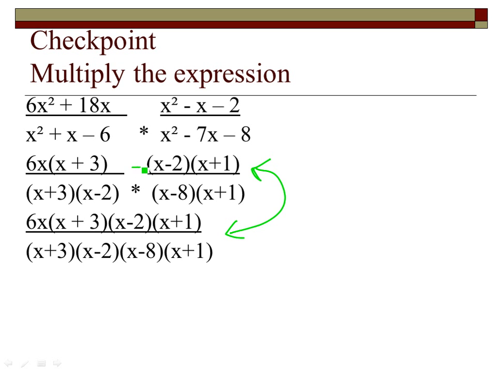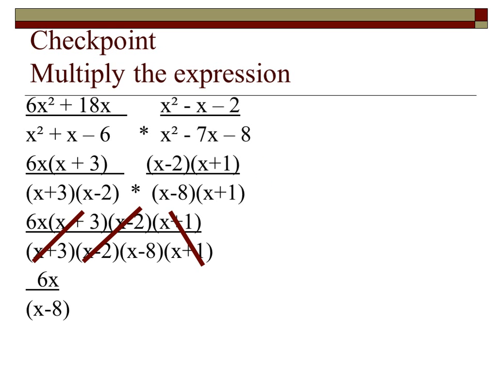At this point, you should be able to see that these are equivalent, and if you cancel out, you get the simplified result. So what cancels out? X plus 3, x minus 2. Anything else? Yes, x plus 1 cancels out. So the final answer is 6x over x minus 8.